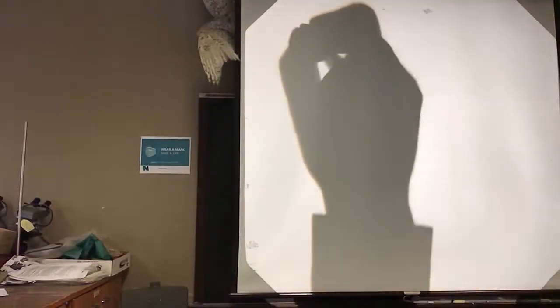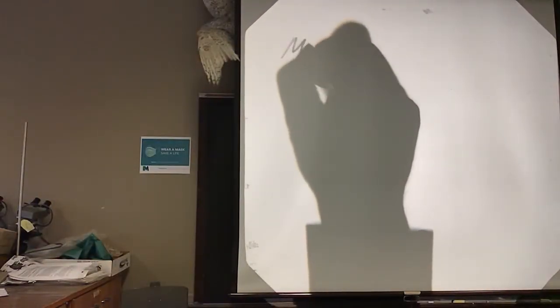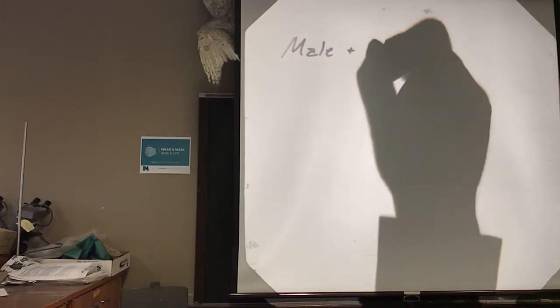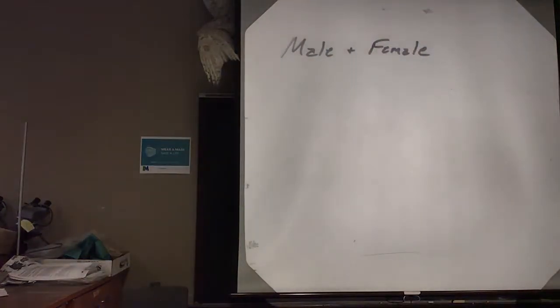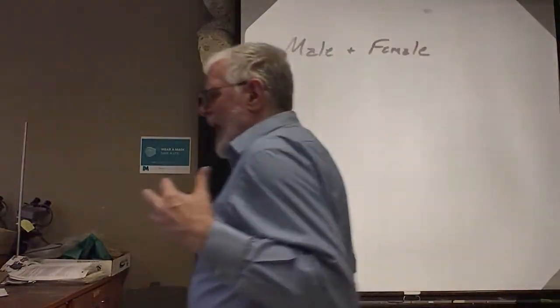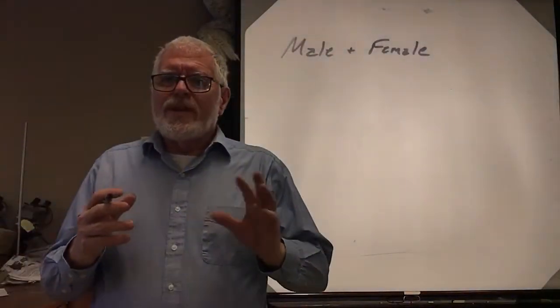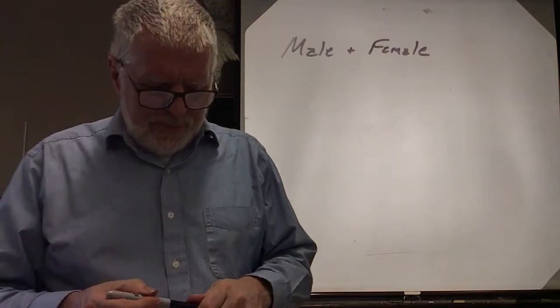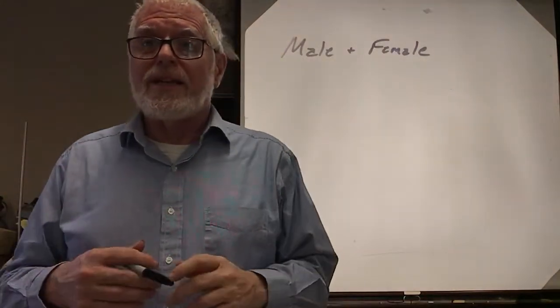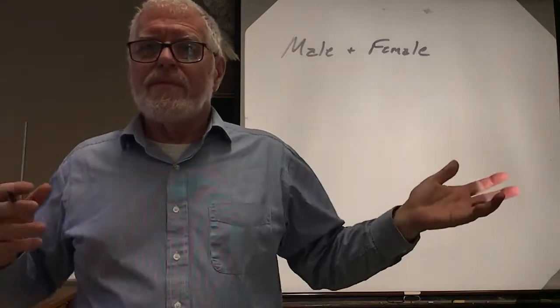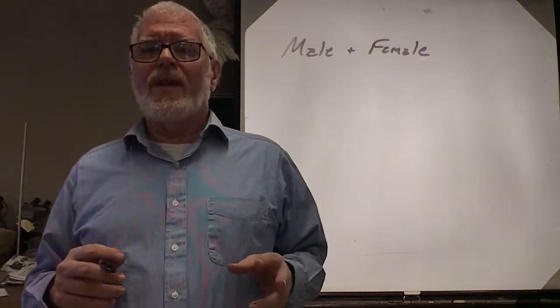Okay, now we got to get into some basics. When things reproduce sexually, it produces offspring that are genetically different from the original 2 sources.